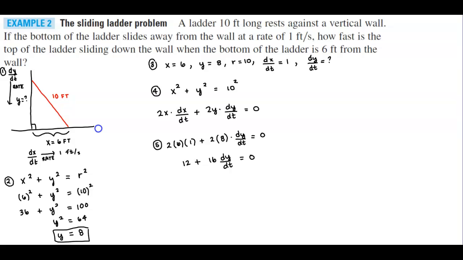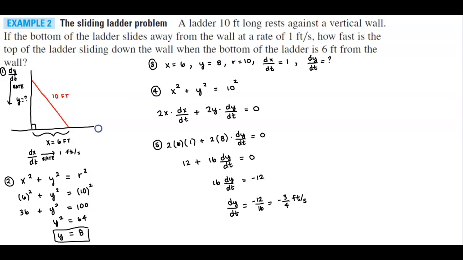Then we subtract 12 from both sides, so 16 dy over dt is equal to negative 12. If we divide by 16, we get dy over dt equal to negative 12 over 16, which reduces to negative 3/4, and that's feet per second.